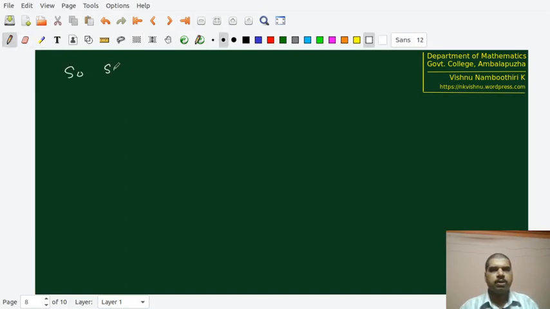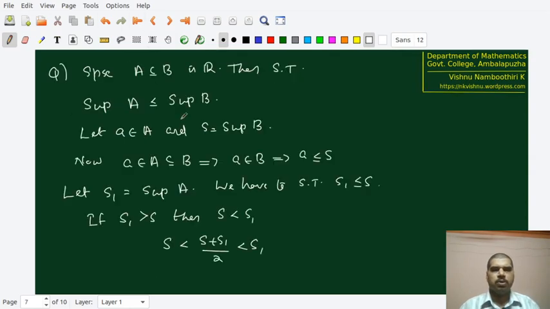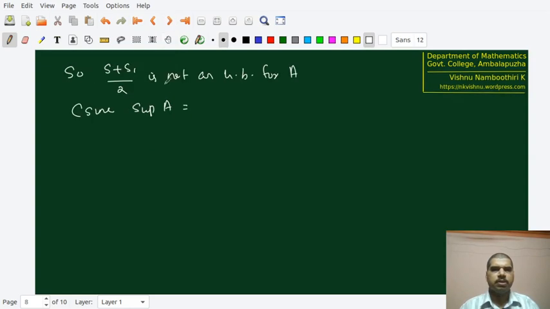So (S plus S1)/2 is not an upper bound for A, since the supremum of A is S1, and (S plus S1)/2 is less than S1. The supremum is the least upper bound, therefore anything less than that cannot be an upper bound, therefore (S plus S1)/2 is not an upper bound for A.